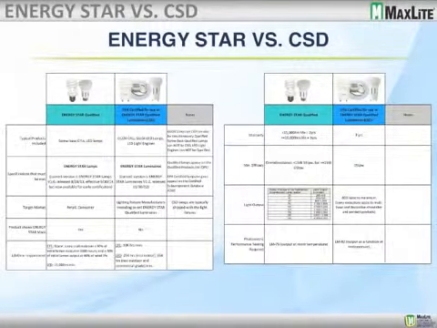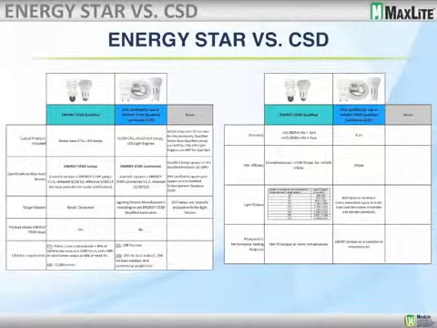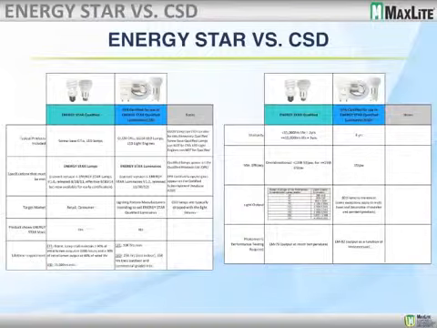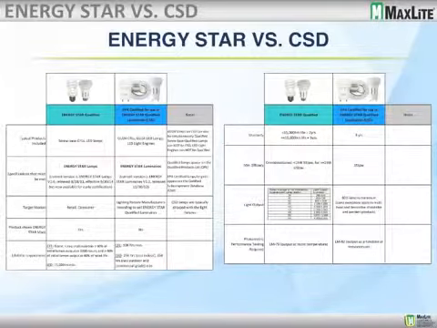So let's go through a couple of major differences between the Energy Star qualification list and the CSD list. When it comes to the type of products, basically the Energy Star list is going to be screw-in bulbs, finished fixtures. If it has a base that screws in, or it hardwires to the final application, to the ceiling, to the wall, or it plugs into the wall, that's likely on the Energy Star list.